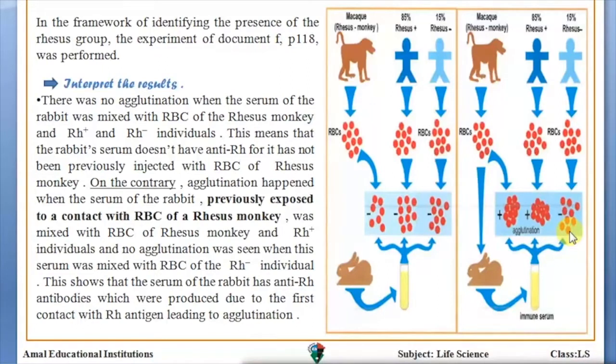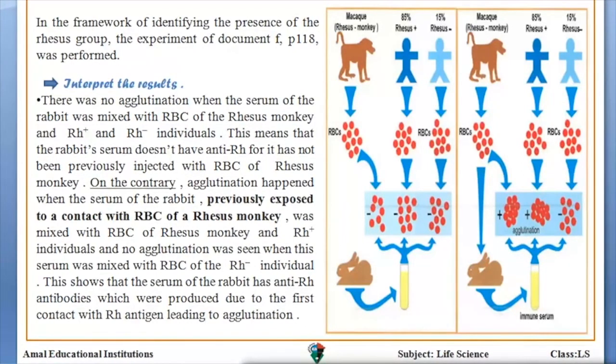In contrast to experiment 1, as you would recall, where no agglutination happened in all the 3 samples of red blood cell when mixed with the serum taken from the rabbit that has not been exposed to a previous contact with the red blood cell of a rhesus monkey.